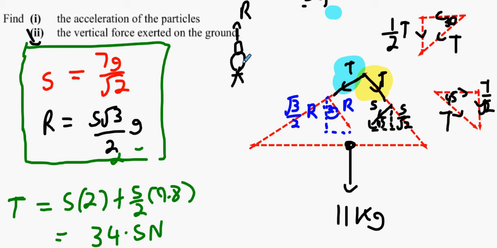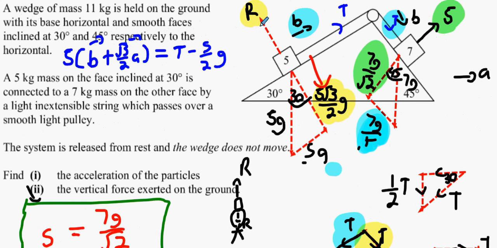But from your perspective, you feel the reaction of the books forcing you downwards. So the wedge, while it supports the particles going vertically upwards, feels the weight pushing it downwards. It's the whole reason why wedges move in the first place.